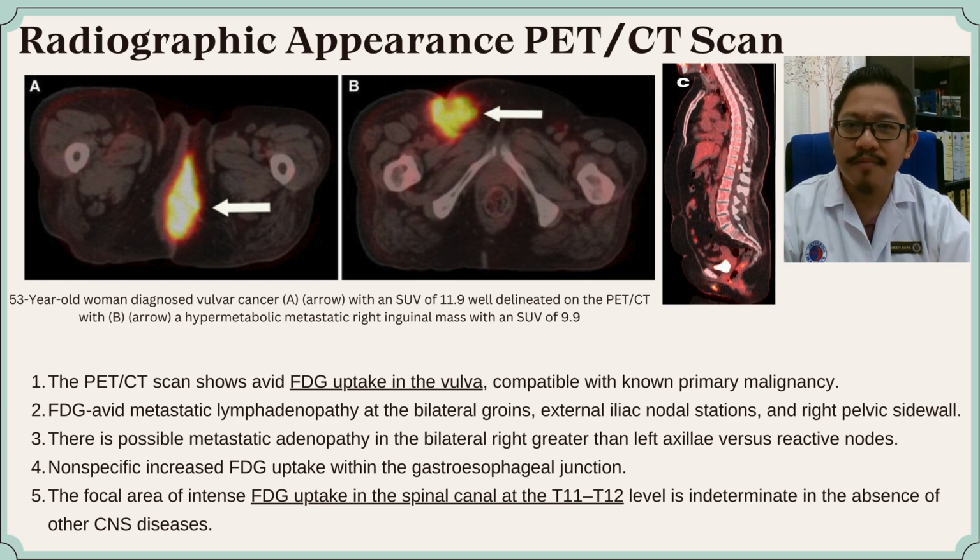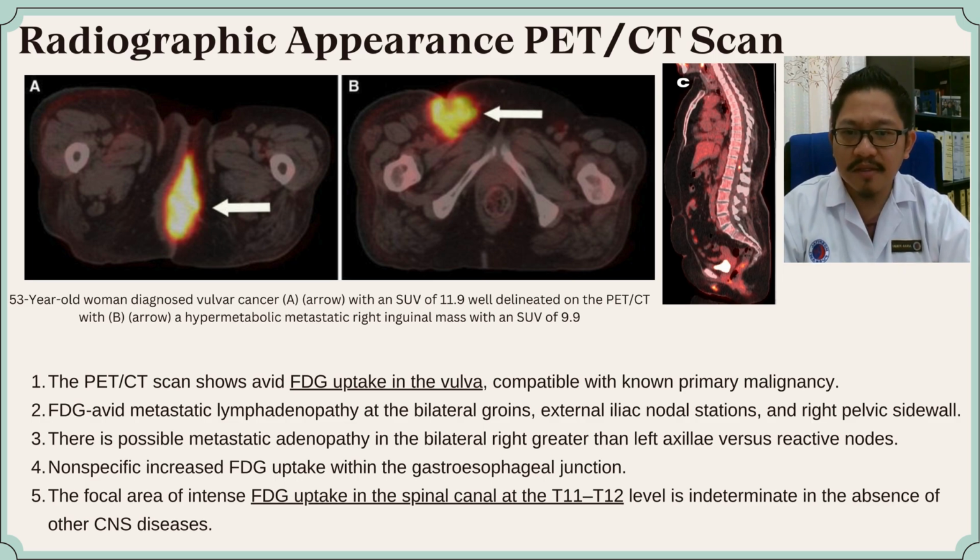This is an example of radiographic appearances for PET CT scan. The PET CT scan shows an intense FDG uptake in the vulva, consistent with a known primary malignancy. The right pelvic side wall, external iliac nodal site, and bilateral groins all exhibit FDG uptake with metastatic lymphadenopathy.